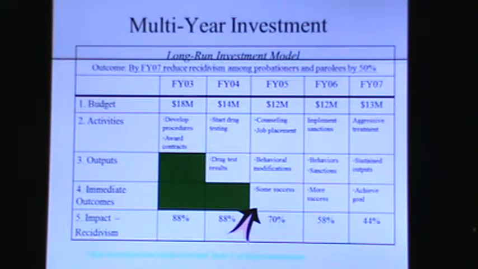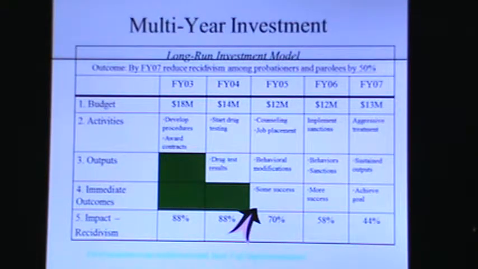And because we're working now with counseling and job placement and we're doing behavioral modification, we see some degree of success in terms of immediate outcomes. And so you can see the recidivism is now down to 70% in year 3. And then in year 4, we get $12 million. We put sanctions in place. In year 3, we had kind and loving and gentle.